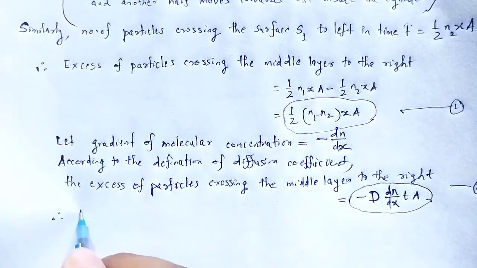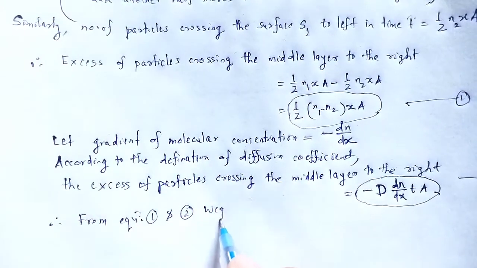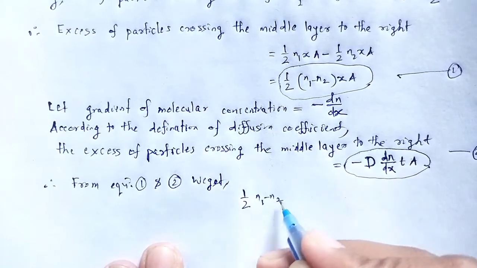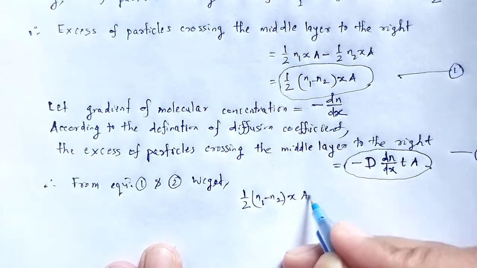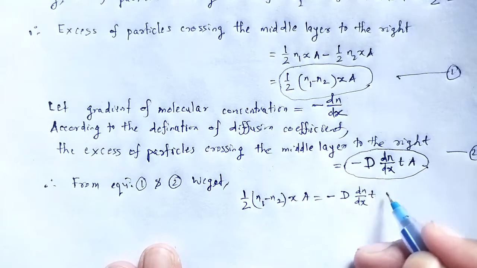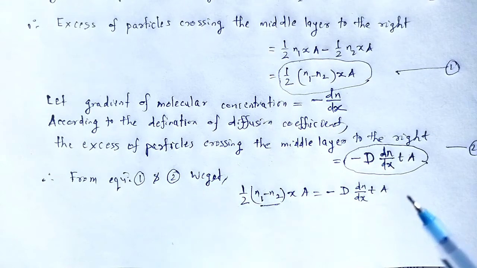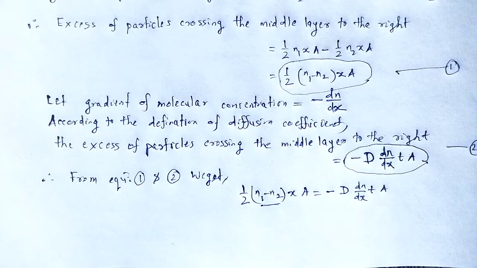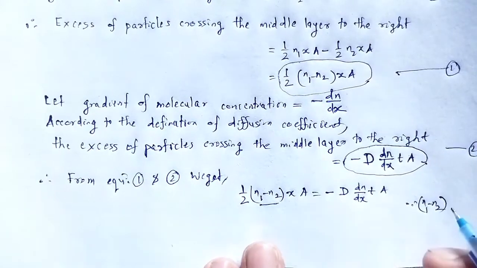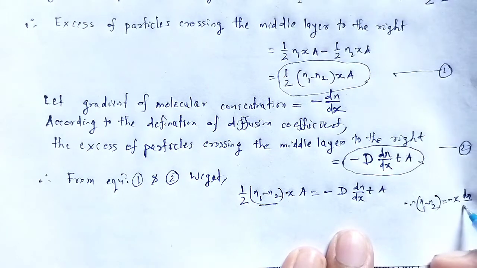Therefore, from equation 1 and 2 we get, equating these two, half (n1 minus n2) x A is equal to minus D dN by dx t A. Here n1 minus n2, the difference in concentration, is minus x times the concentration gradient dN by dx.